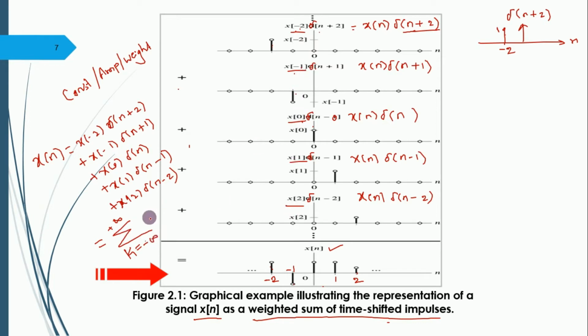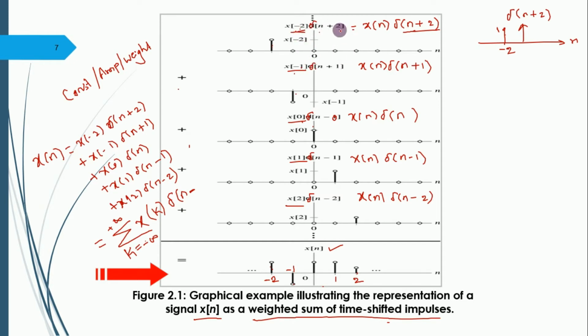Let us keep it in general: x of k, where k is varying, k equal to minus 1, 0, 1 like that.